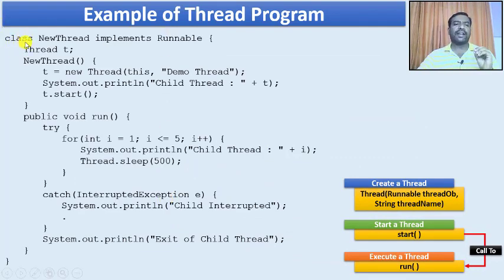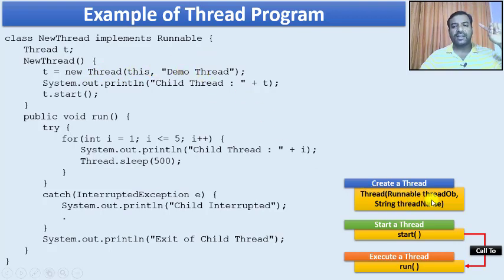I'm going to have a class NewThread which implements the Runnable interface, and I'm going to have a data member to hold the reference of the thread which I'm going to create. Hence, I'm going to use the constructor NewThread. Inside this constructor, I'm going to use the constructor of the Thread class, which is going to take two parameters as I mentioned.